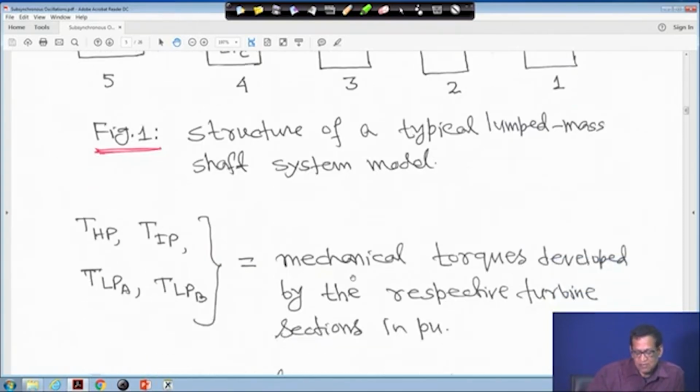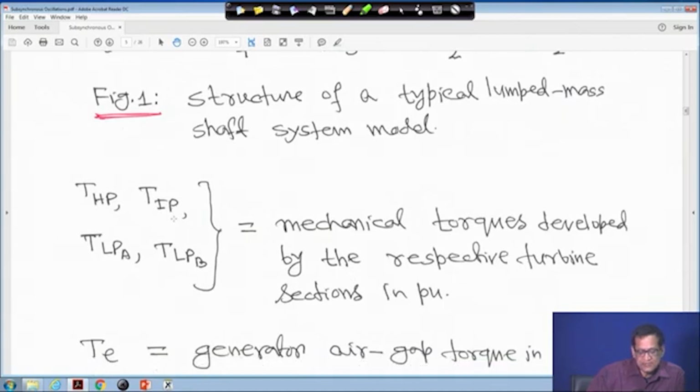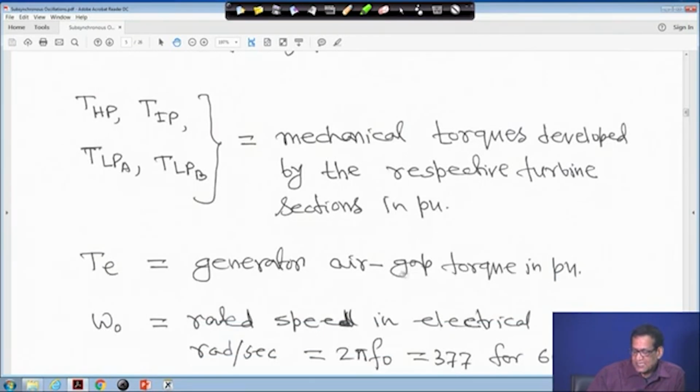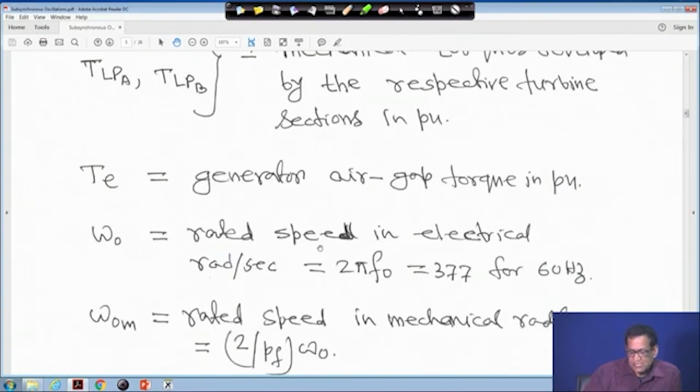Now, the nomenclature: THP, TIP, TLPA, TLPB are the mechanical torques developed by the respective turbine sections in per unit. Te is the generator air gap torque in per unit. While studying the synchronous machine, all these things have been defined. Omega 0 is the rated speed in electrical radian per second, equal to 2 pi f0, and it will be 377 radian per second if f0 is equal to 60 hertz.